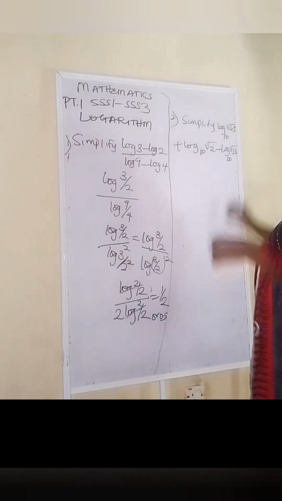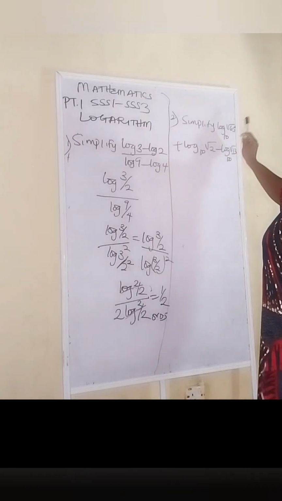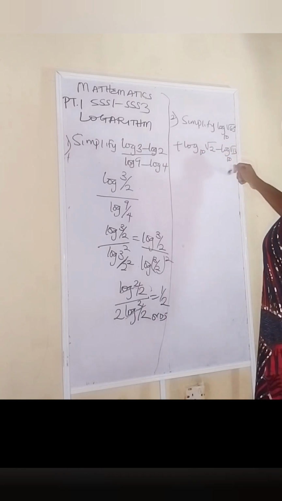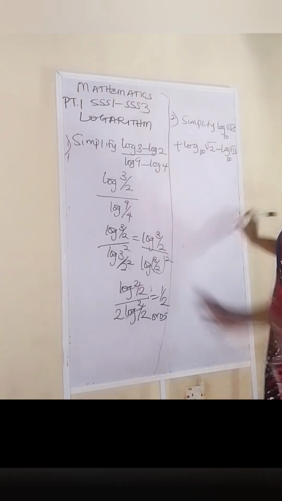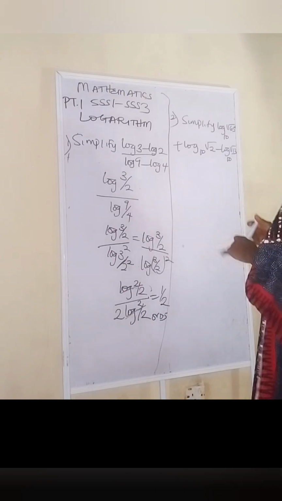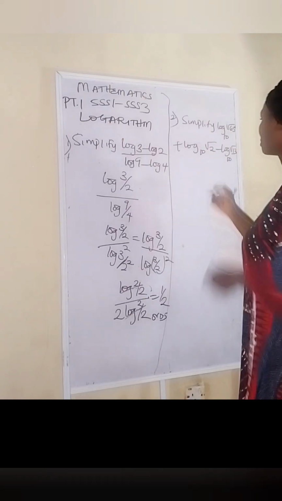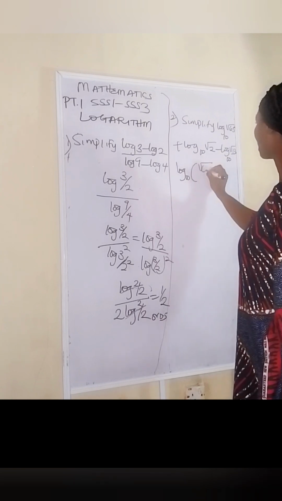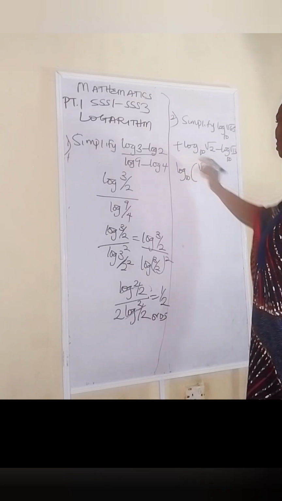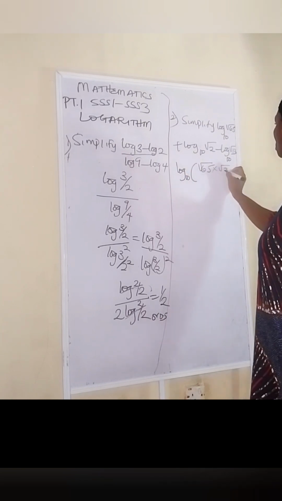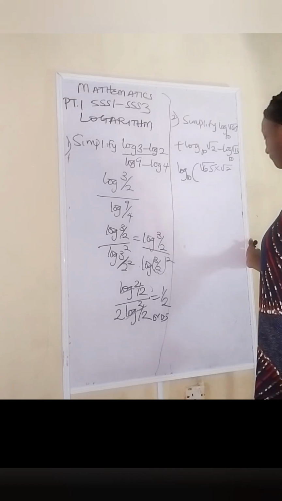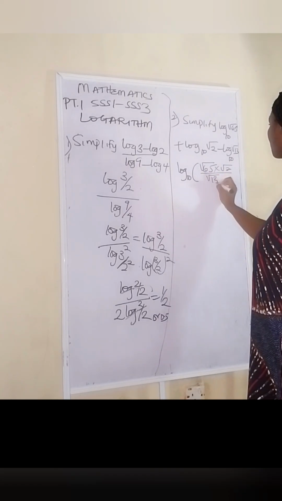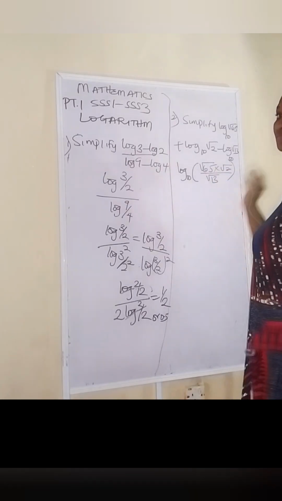So now let's solve this. Simplify log square root of 65 base 10 plus log square root of 2 base 10 minus log square root of 13 base 10. So all are in base 10, so we don't have any issue. So we have 65. So let's do that now. So we have log 10 open bracket root 65 plus is multiplication times root 2 over root 13. What gives us 65? 13 and 5.